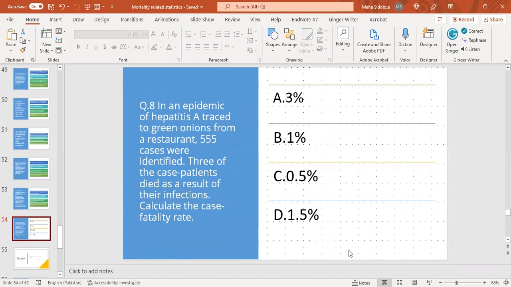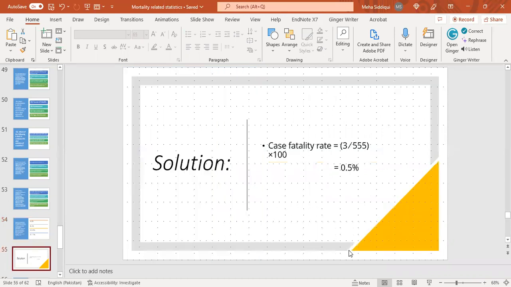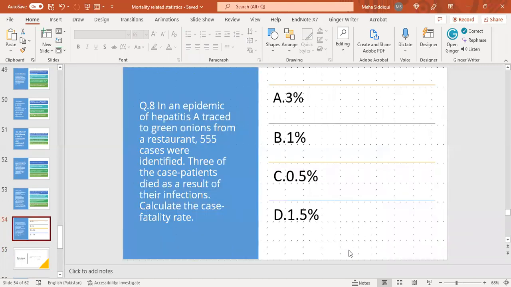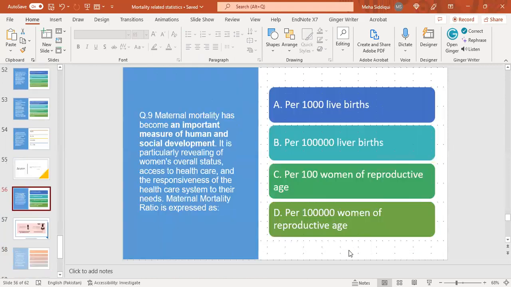It is quite a problem solving MCQ. The right option is C. We can see that for case fatality rate, we have 3 deaths over 555 cases multiplied by 100. So we would get 0.5%. That is C is the right option.